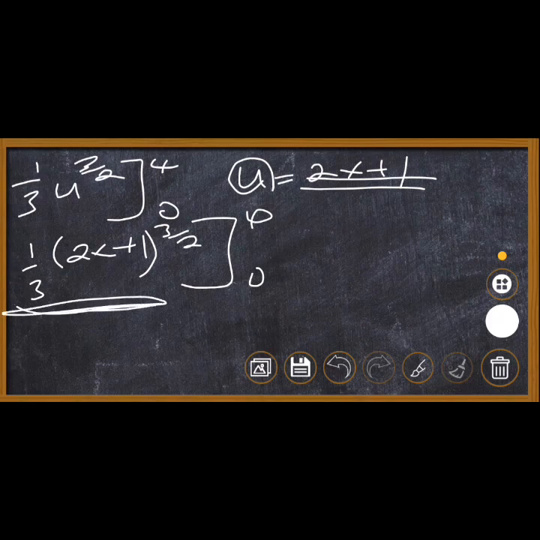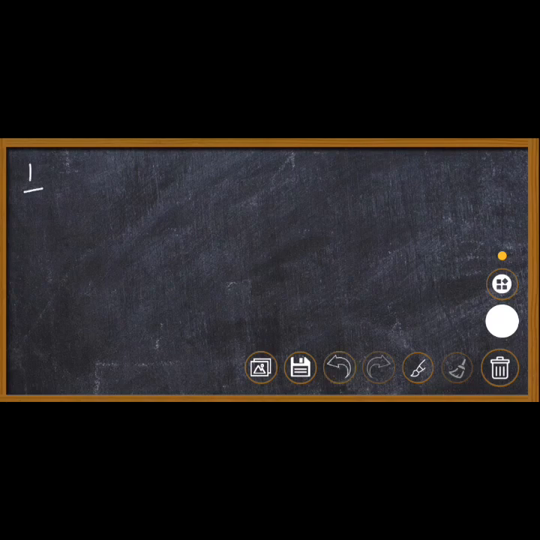The next part is now replacing these limits that we have. You replace with the upper limit, and then you subtract, replacing with the lower limit. So let's do that. Where there is x, we are going to replace with 4. Then we subtract again, we replace with 0 as the lower limit. So we have 1 over 3.